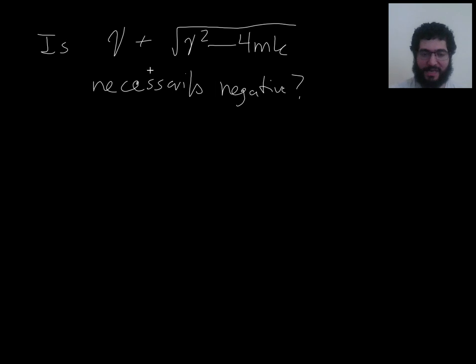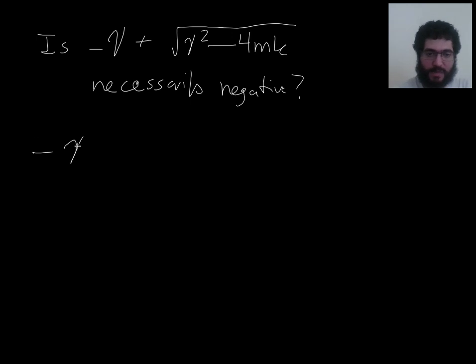Is negative gamma plus this necessarily negative? So here I've got negative gamma, and then I'm adding something which might be large enough to make the whole thing become positive, right? But that cannot be. This will never be so large that in magnitude it'll be larger than gamma. That's because it's the square root of gamma squared minus something.